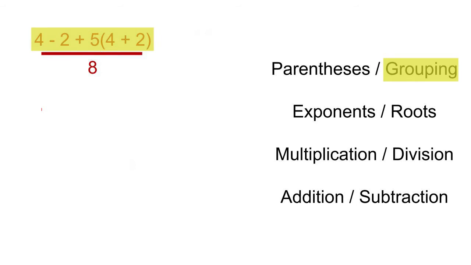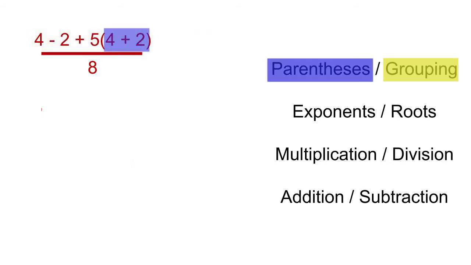And now we're going to look to apply the order of operations again. For just this part of the expression, we look for any parentheses or grouping functions. And we do see parentheses that include 4 plus 2. So we perform that operation first. 4 plus 2 is 6.